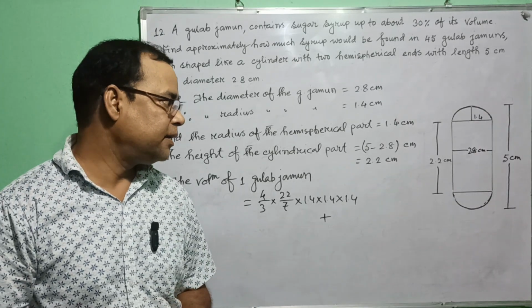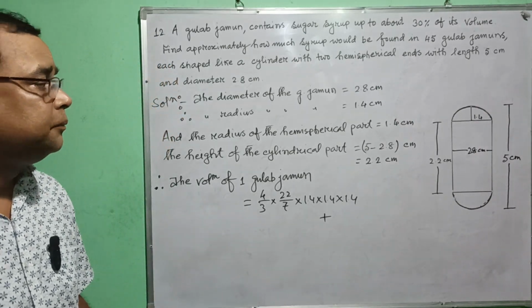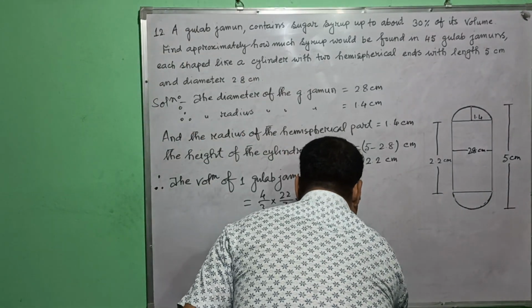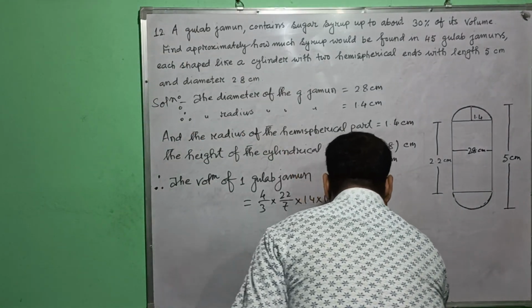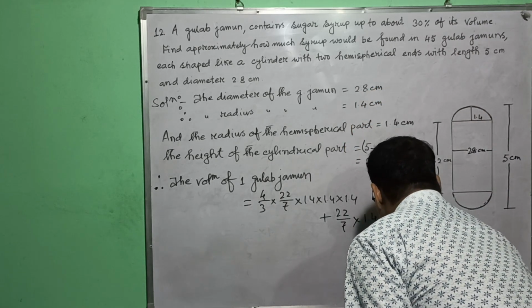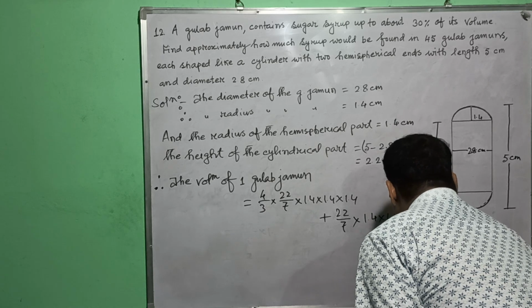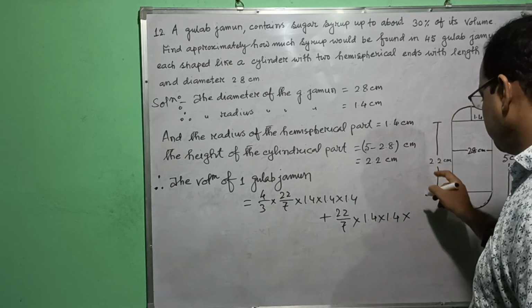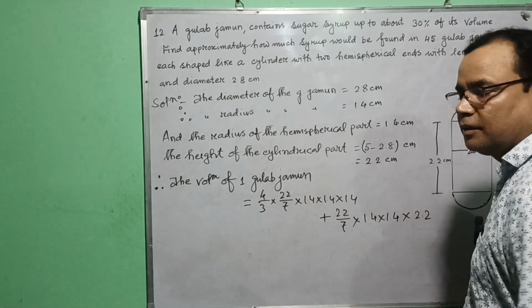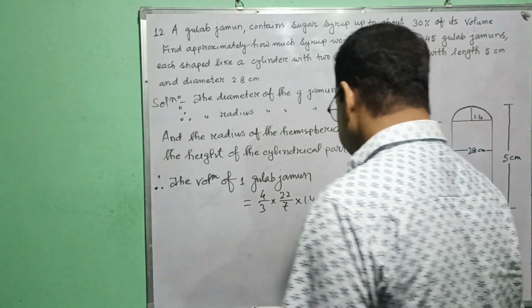What is the volume of the cylindrical part? It is pi r square h. So, we will write 22 by 7 into r is 1.4. So, 1.4 into 1.4 into h is 2.2. So, this is the volume of one gulab jamun.